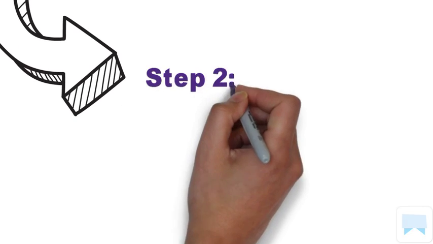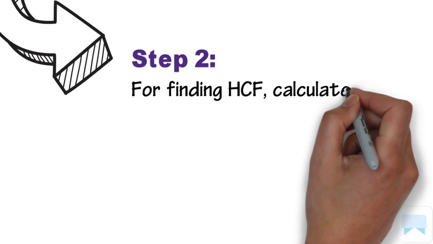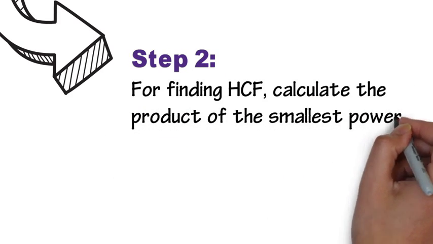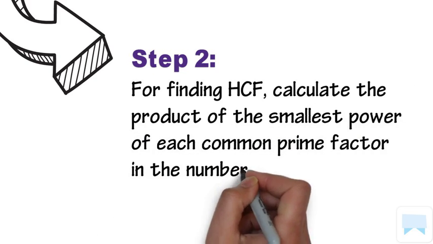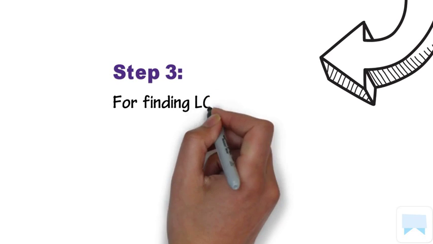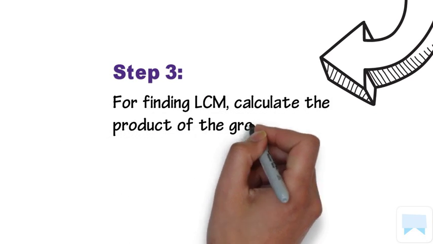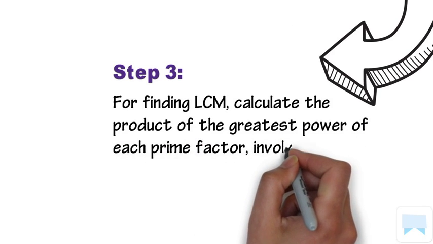Step 2. For finding HCF, calculate the product of the smallest power of each common prime factor in the numbers. Step 3. For finding LCM, calculate the product of the greatest power of each prime factor involved in the numbers.